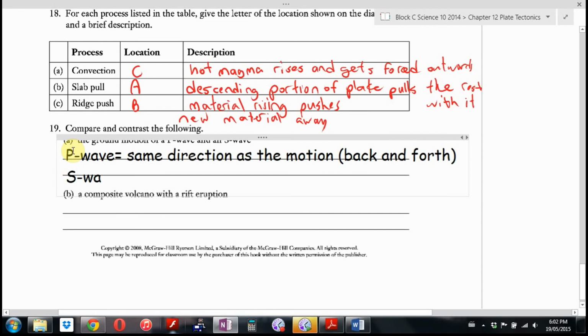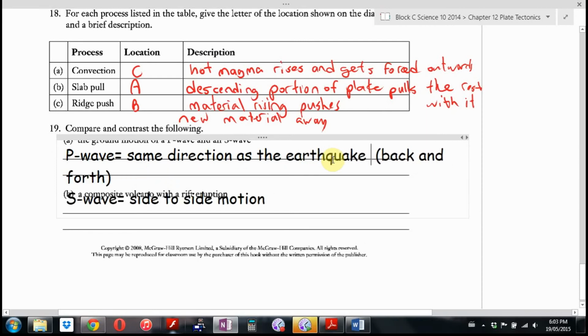S wave equals side to side motion, perpendicular, if you wanted to say that. Same direction as the earthquake wave.